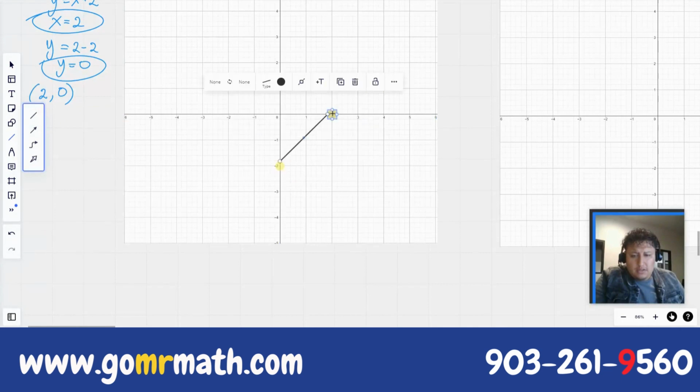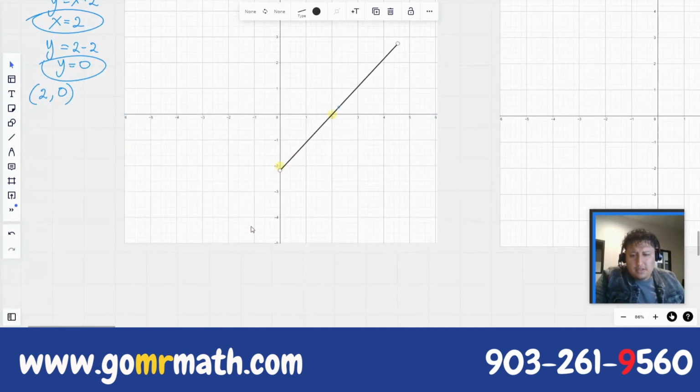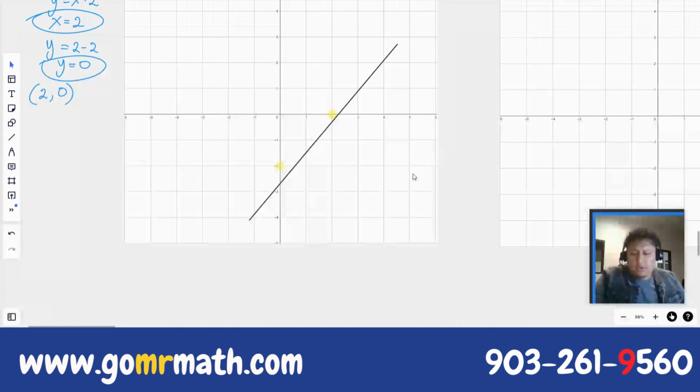This worked good. That's our line. I'm going to try to prolong this line to a different space. It means that the line passes through those points. It's not just a line that goes between those points.